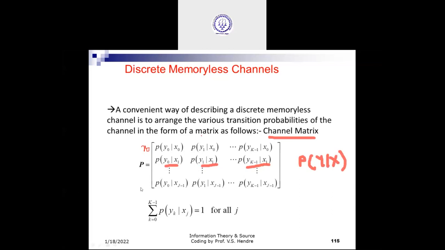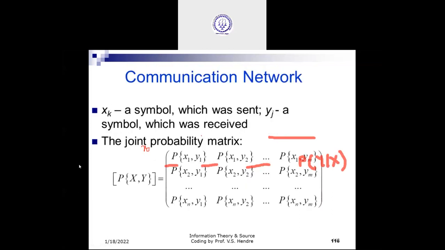In a similar way, we can also define another matrix, and that matrix is nothing but the P of x comma y matrix. The P of x comma y matrix consists of rows and columns as P of x1 comma y1, x1 comma y2, x1 comma ym, similarly x2 comma y1, x2 comma y2, and so on.